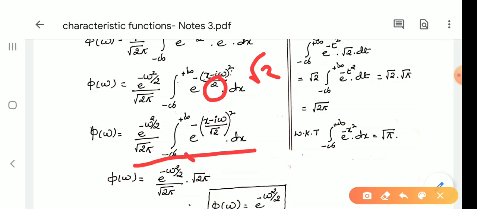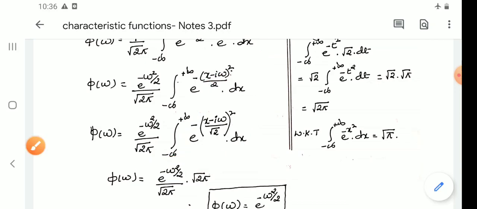It becomes e power minus of x minus i omega by square root of 2 whole square. This term which is in the exponential, now we will take it as t to continue with the integration.